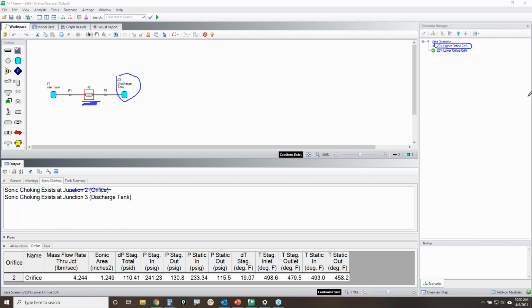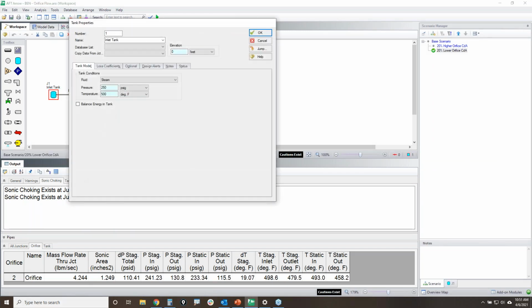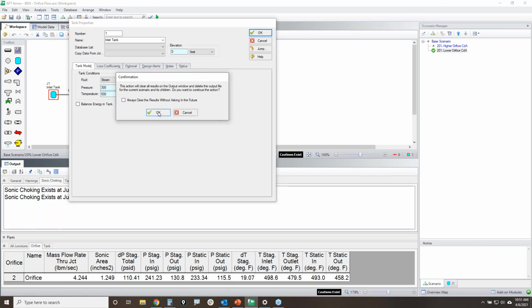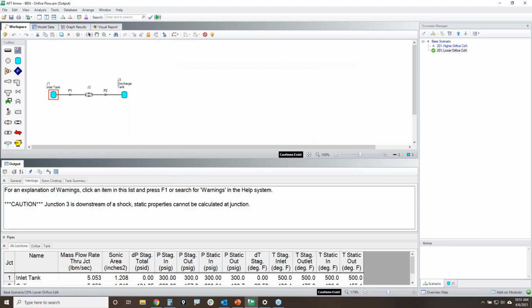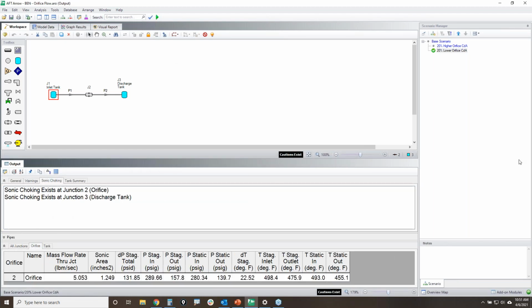So when you have sonic choking in your system, one way to help generate more flow would be to increase the supply pressure. If we increase the supply pressure, that can help generate more flow. So if I take this up to 300 psig, we still have sonic choking, but we have a higher flow rate.